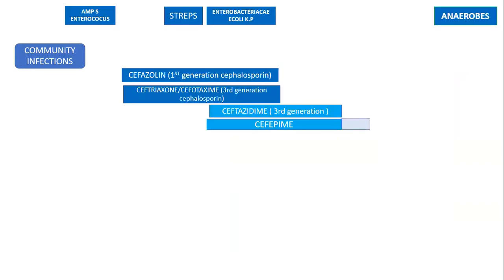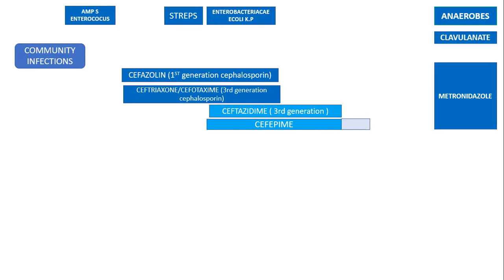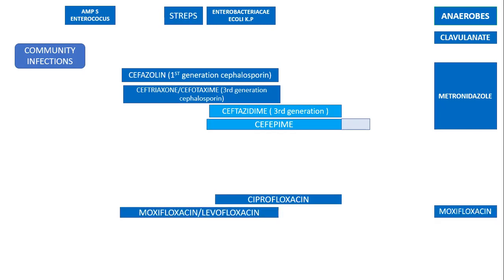So if you are seeing community-acquired infections like ampicillin-sensitive Enterococcus, streps, or Enterobacterales like E. coli or Klebsiella, anaerobes, you can easily give cephalosporins like ceftriaxone, ceftazidime, cefepime, and for anaerobes, you can give metronidazole, clavulanate, ciprofloxacin, moxifloxacin, levofloxacin.